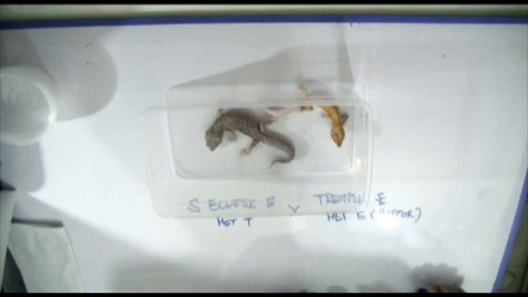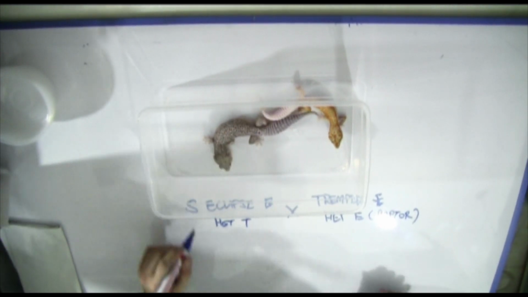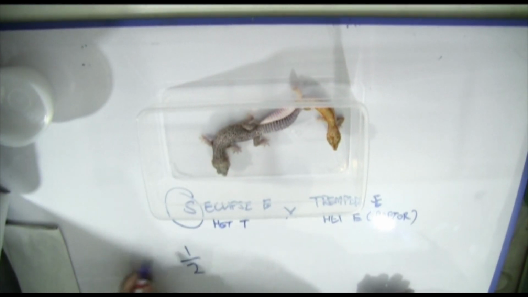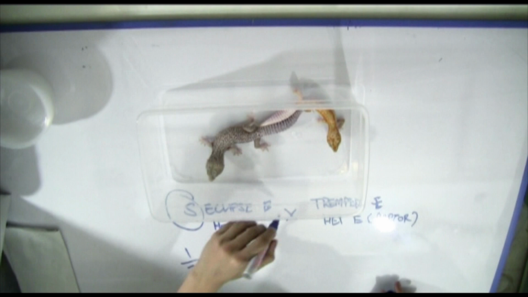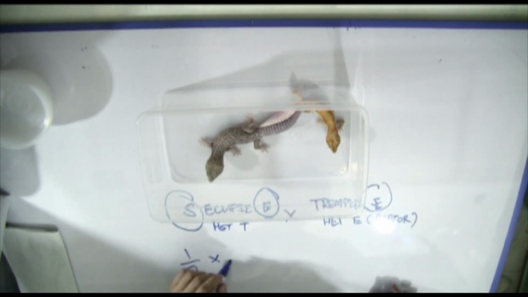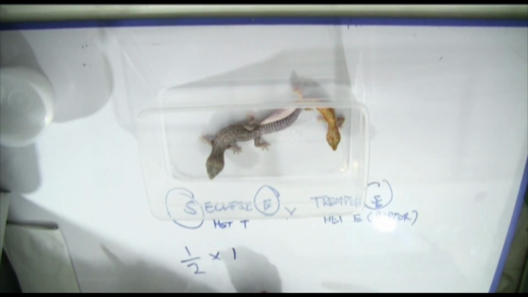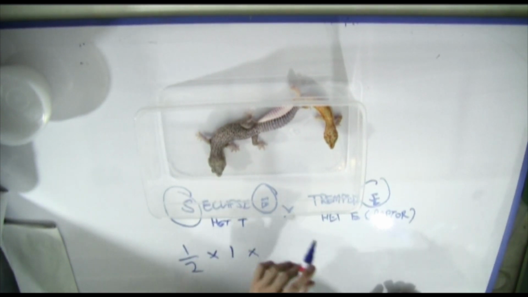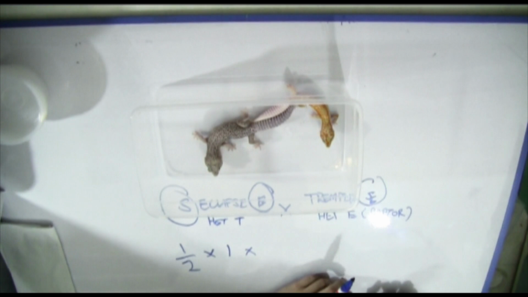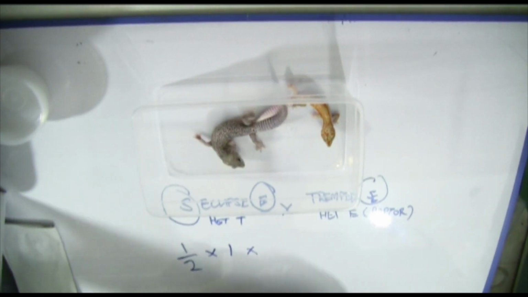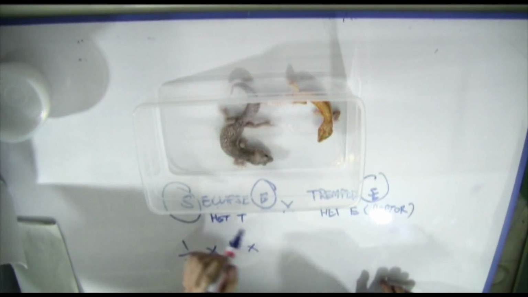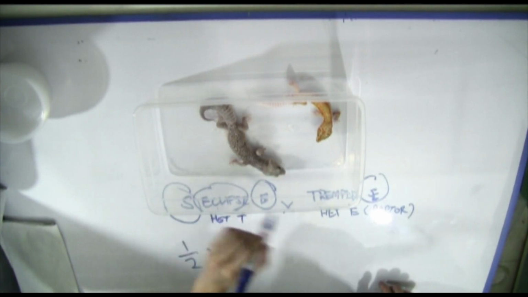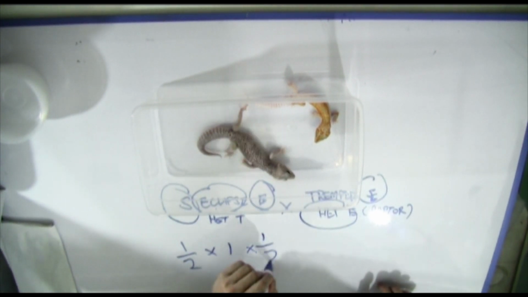Alright, so the odds now are, once again, snow 1 over 2, and for the sake of discussion, let's assume that the enigma to enigma pairing is 100%, so it's 1. And now an eclipse het tramper to a tramper het eclipse. This is a bit interesting now. An eclipse to a het eclipse will be 1 over 2, correct?